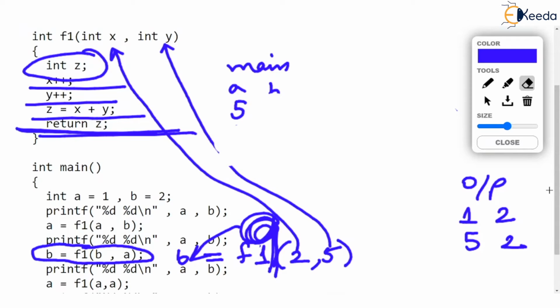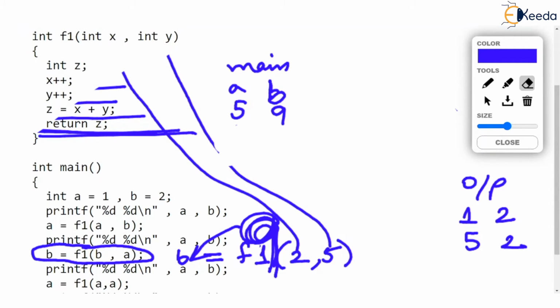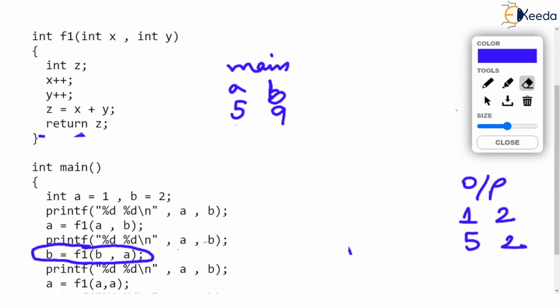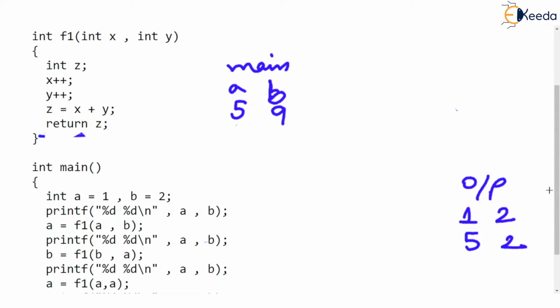Okay. So what's the latest value of A and B? A is still 5, but B is 9. Fine. And we are back in main. Okay. So with these new values of A and B, the next line is printing A and B, where A is 5 and B is 9.